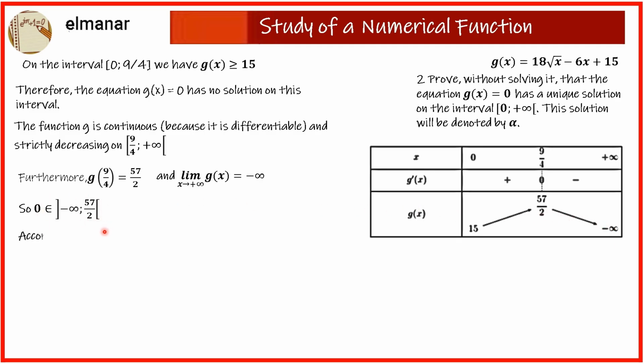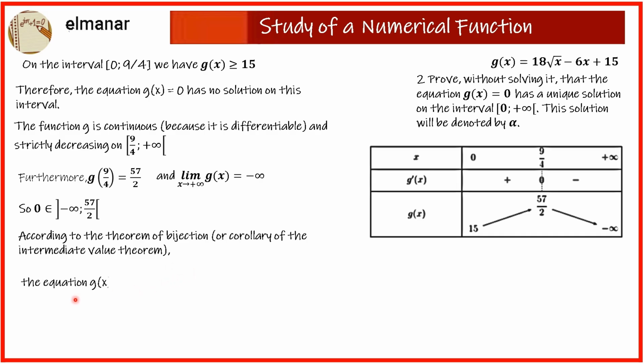Final conclusion. According to the bijection theorem, also known as a corollary of the intermediate value theorem, the equation g of x equals 0 therefore admits a unique solution within the interval from 9/4 to positive infinity.